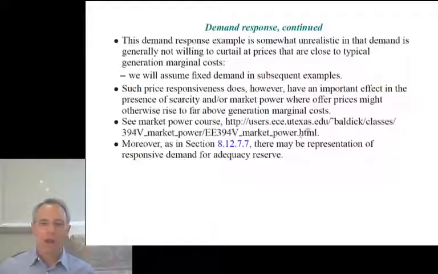I'll again refer you to my market power course. And as we've already seen in section 8.12.7.7, there may be representation of responsive demand for adequacy reserve that may induce a demand curve that has similar properties to the one I've described.